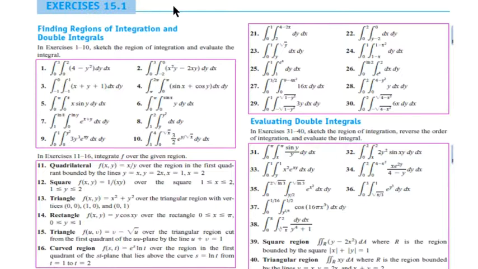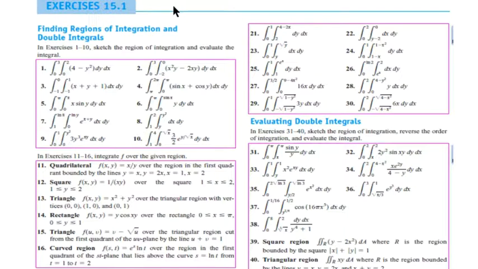From 21 to 30 he gives you double integral non-rectangular area. Okay, and you would like to see how you're going to solve this one, similar to 1 to 10 then with non-rectangular area.